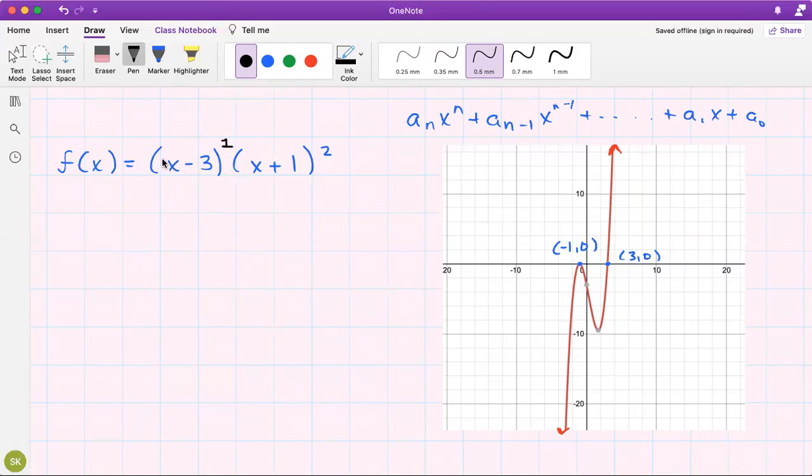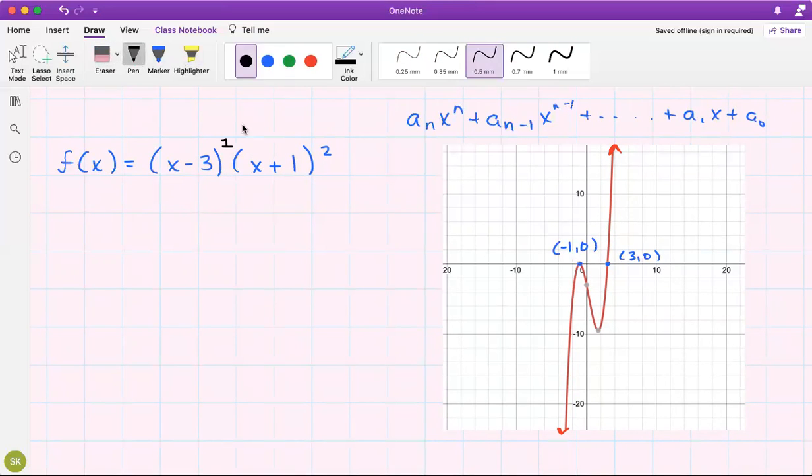And so if I multiplied everything out, the leading term, the highest power, would be x to the 2 times x to the 1. So you would have x cubed. And so the leading term would have the power 3. That's the highest power in this polynomial function. So your graph is going to look like x cubed.